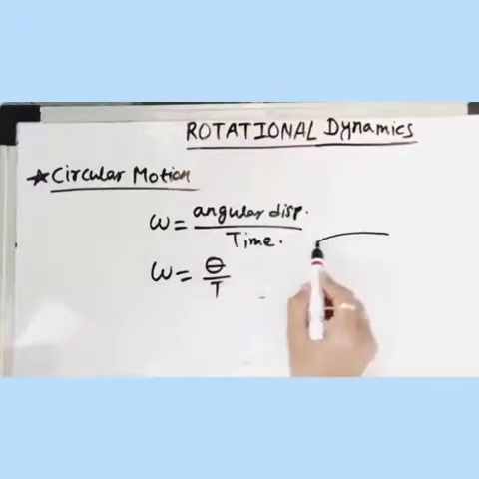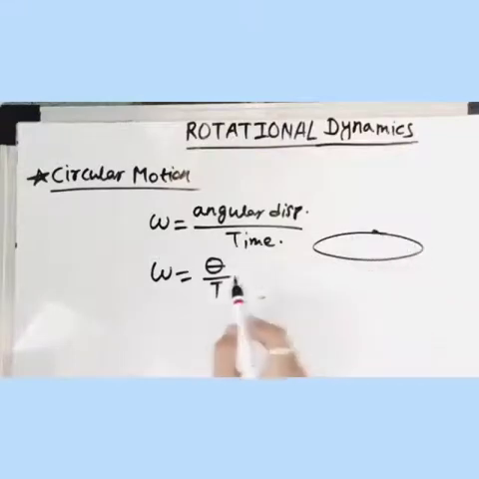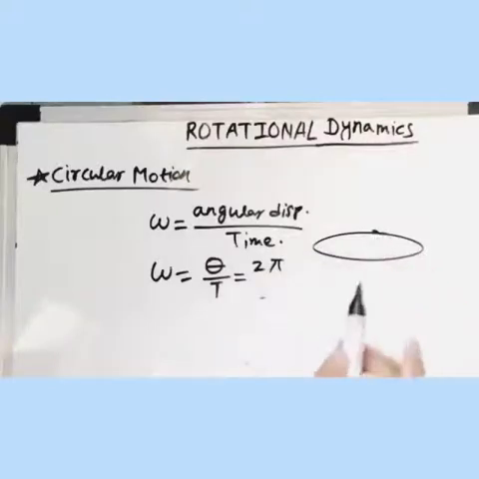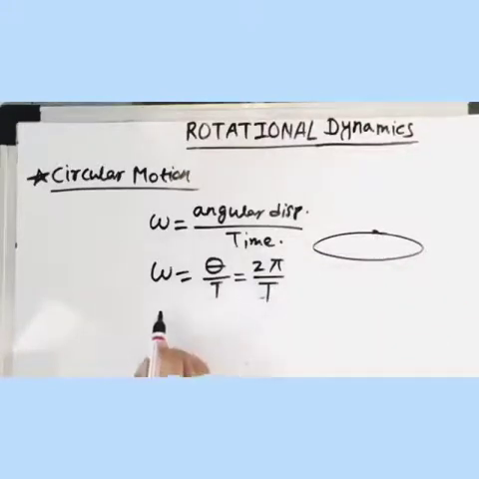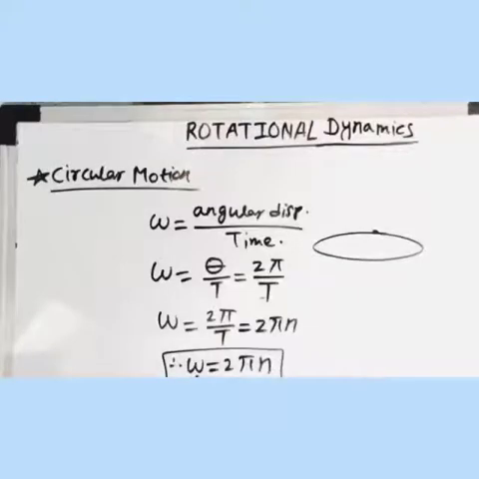So if a particle is performing circular motion along the circumference of a circle, in its complete path the angular displacement theta is going to be 2 pi, and the time taken to complete one revolution is T. So we get the relation omega is equal to 2 pi by T, but 1 upon T, as we know, is the frequency of rotation in this case. So we can write this as 2 pi n. So we get the relation omega is equal to 2 pi n, where omega is angular velocity and n is the frequency of rotation.